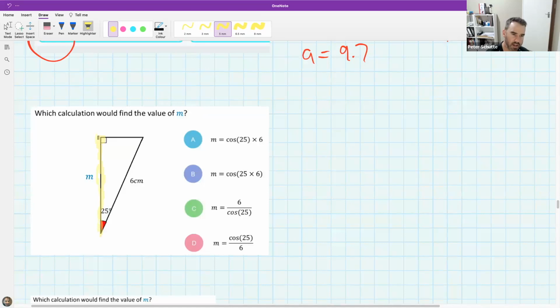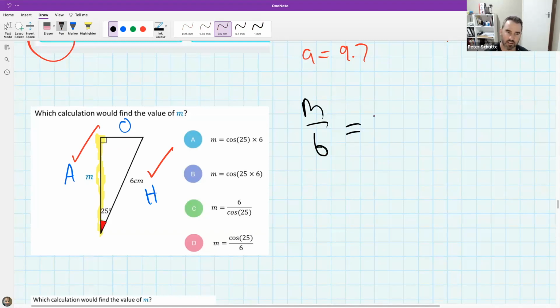Okay, so we want to know what the unknown side is in terms of identifying the different sides. In this case, you have got the H and you want to know the A. That makes me think I'm dealing with cos. And I obviously am. And so I'd say m over 6 is the cos of 25.